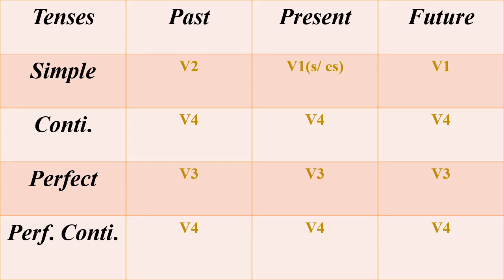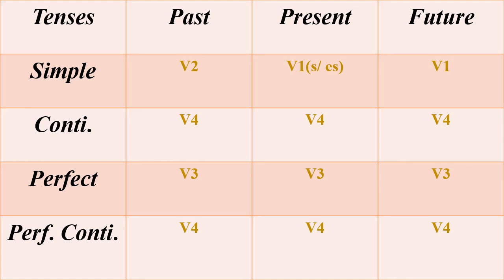Let's start with the bottom row first. It's perfect continuous. We will have the V4 form, that is the ing form of the verb, for this row. Next, we will come up with the third row, that is the perfect. We will have the V3 form for this row, that is the en form.